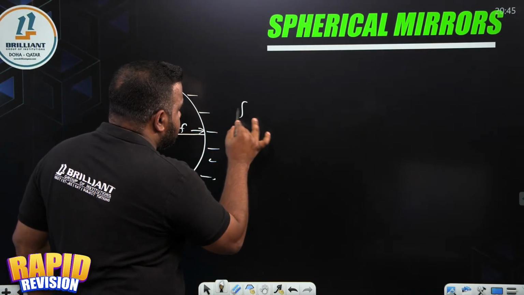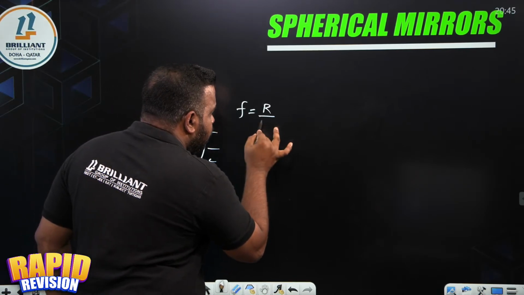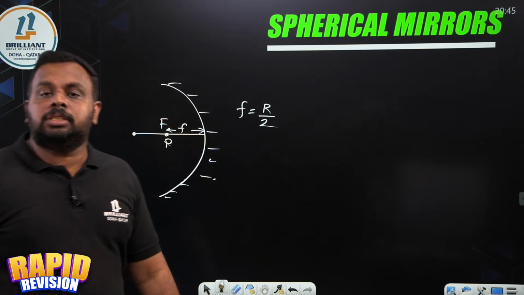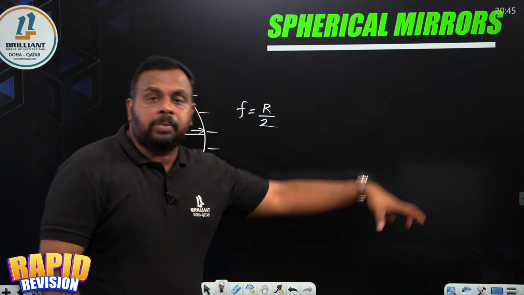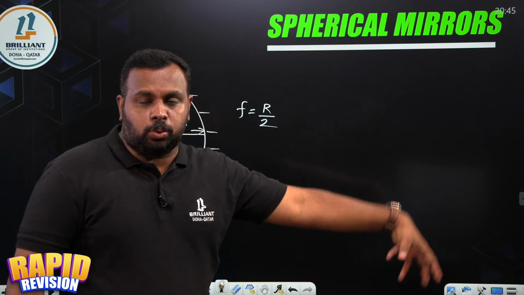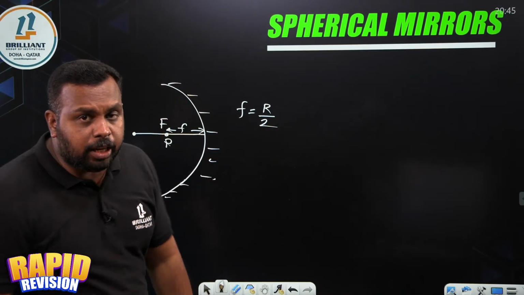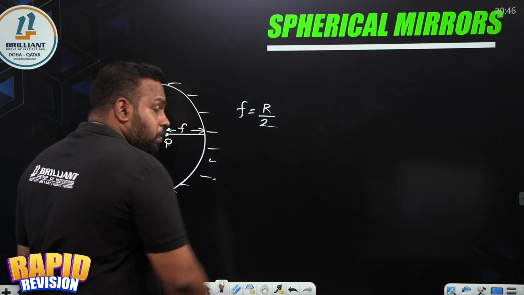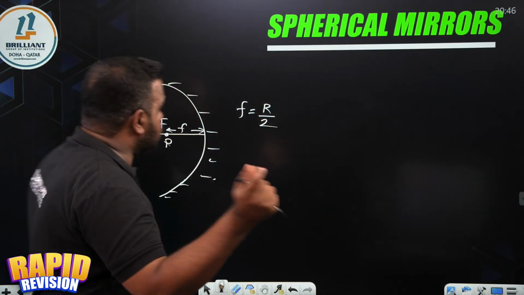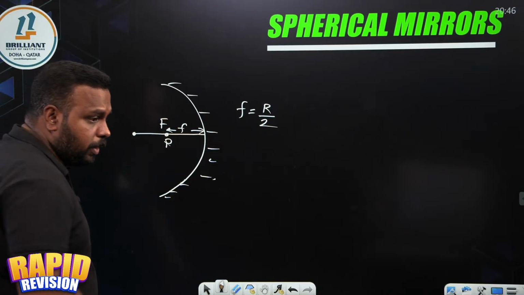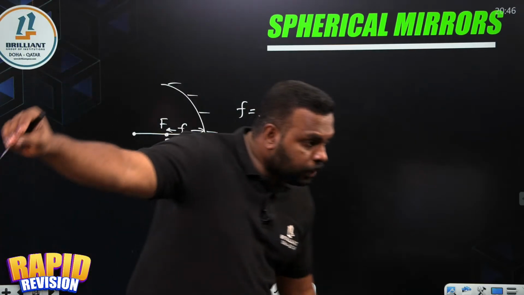Focal length F is equal to R by 2, or R is equal to what? 2F. R is equal to 2F, and the same relation you can use in a convex mirror also. But please note the sign convention: for a concave mirror, focal length is negative, and for a convex mirror, focal length is positive. I think the spherical mirror part is clear for you.